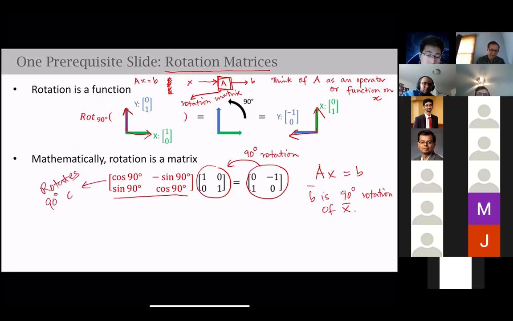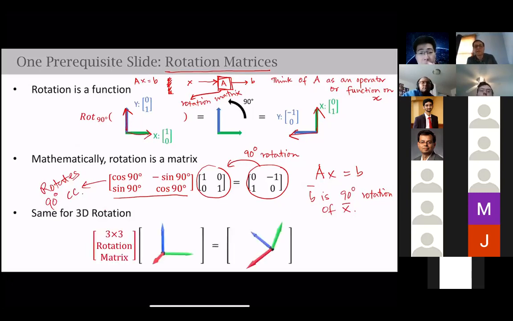Here I gave you a matrix that rotates 90 degrees counterclockwise. Okay. Now, if you're comfortable with this, you can take one more step in your imagination that we can now do this for 3D as well. I can take a 3D basis, I can multiply with that some 3x3 rotation matrix, and that whole basis will change.